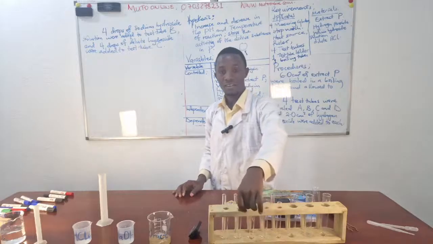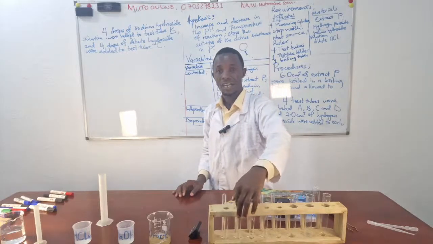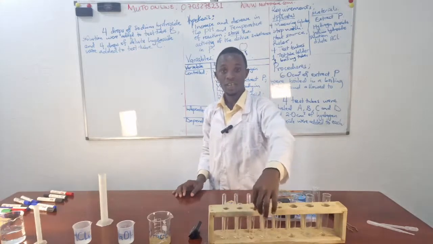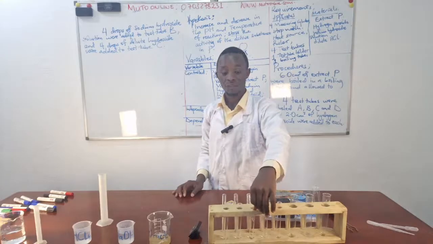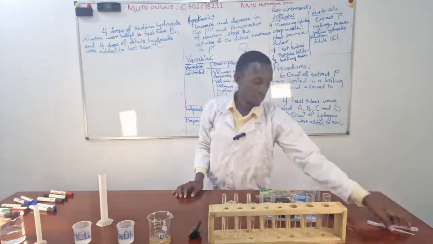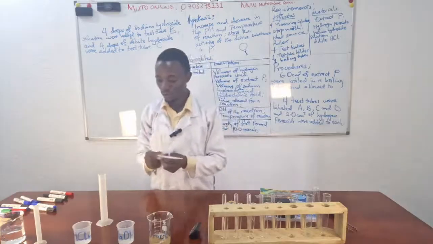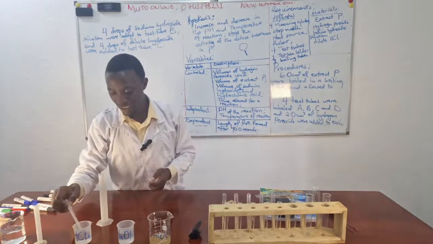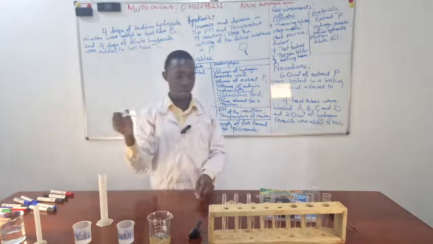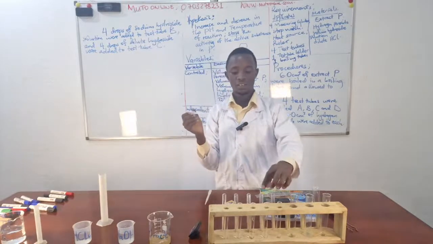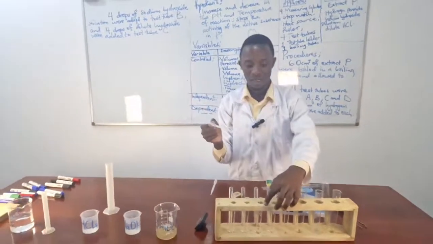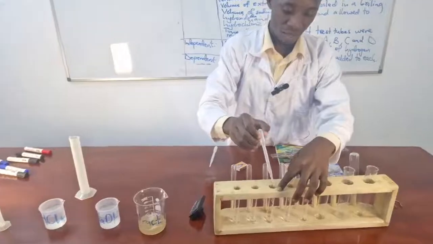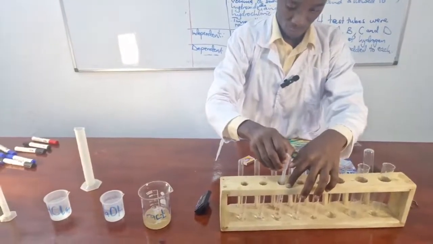This one is now alkaline. I've provided an alkaline pH. In this one, I've changed it to acidic pH. So this is my hydrochloric acid. I'll get my dropper. Where's my test tube C? It is this one. I'll make sure I add 4 drops.